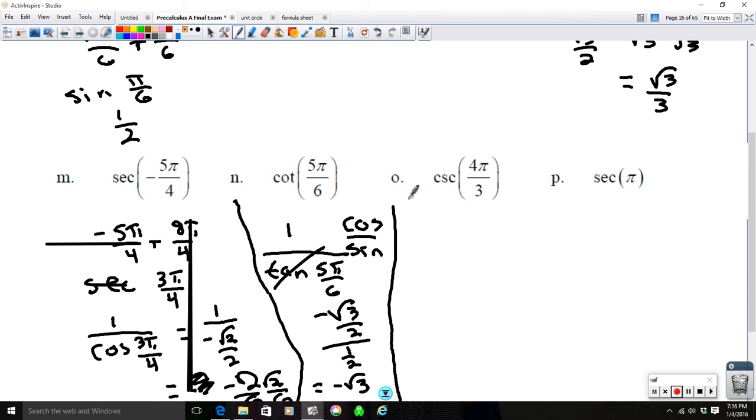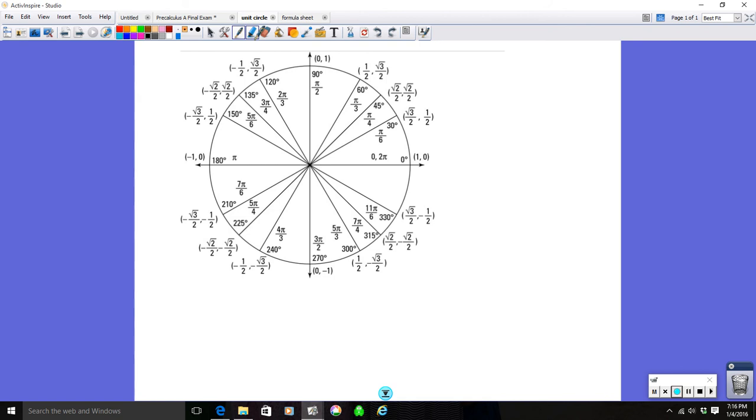Cosecant of 4 pi over 3. Again, cosecant is the reciprocal of sine. So again, you can do this a number of different ways, but one way is 1 over sine of 4 pi over 3. Go to 4 pi over 3 on the unit circle, and you're looking at sine of 4 pi over 3, which is negative root 3 over 2.